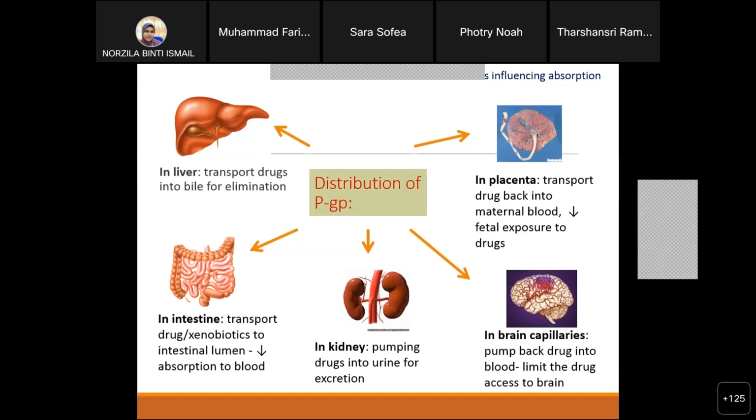The P glycoprotein acts as the guardian, or what is it? It will limit the drug absorption in the certain organ. Am I answering the question? Yeah. Thank you, doctor. Okay. After this, we can discuss again.